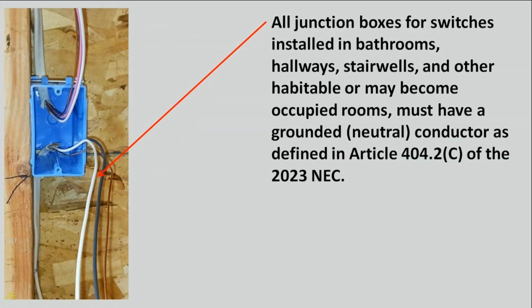All junction boxes for switches installed in bathrooms, hallways, stairwells, and other habitable or may become occupied rooms must have a grounded, neutral conductor as defined in Article 404.2(C) of the 2023 NEC.